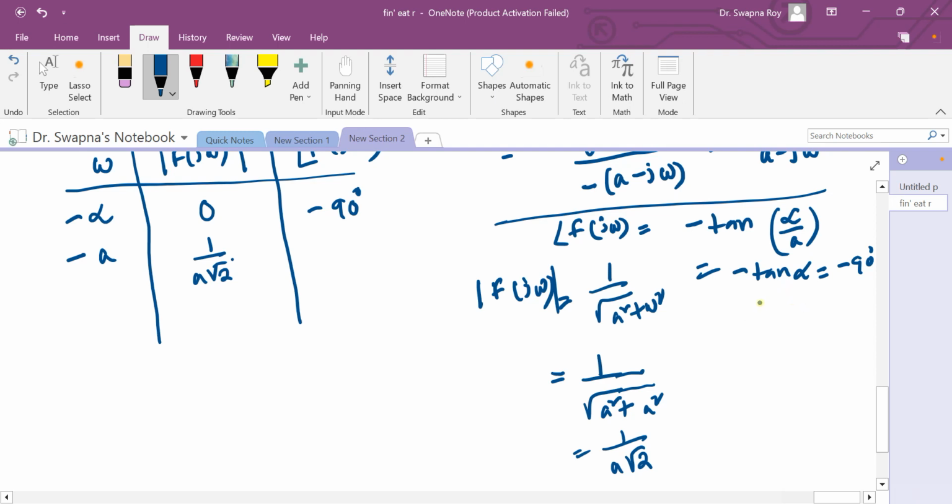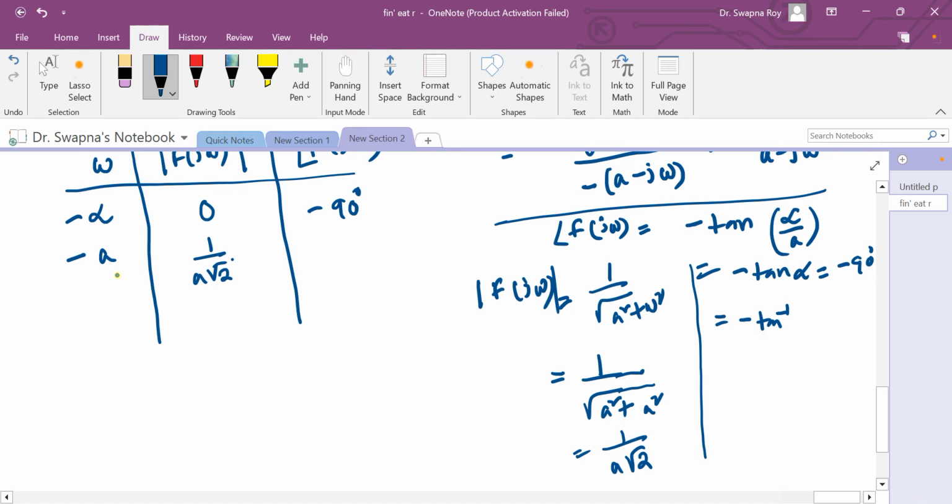And theta, this is equal to minus tan inverse of minus omega by a, with omega equal to minus a.